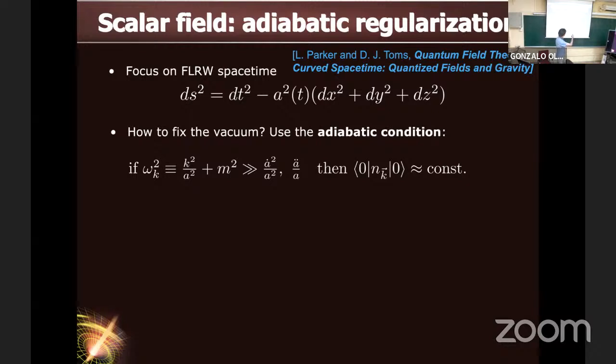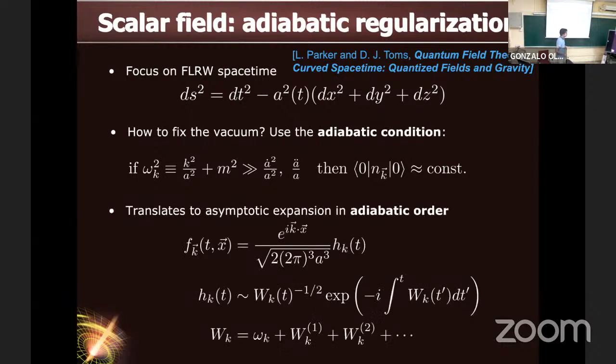So the particle number is approximately constant in that mode. And that condition can be expressed as an asymptotic expansion in terms of adiabatic order, which I will explain later what exactly it means. But basically, you expand the modes of the scalar field in this way.